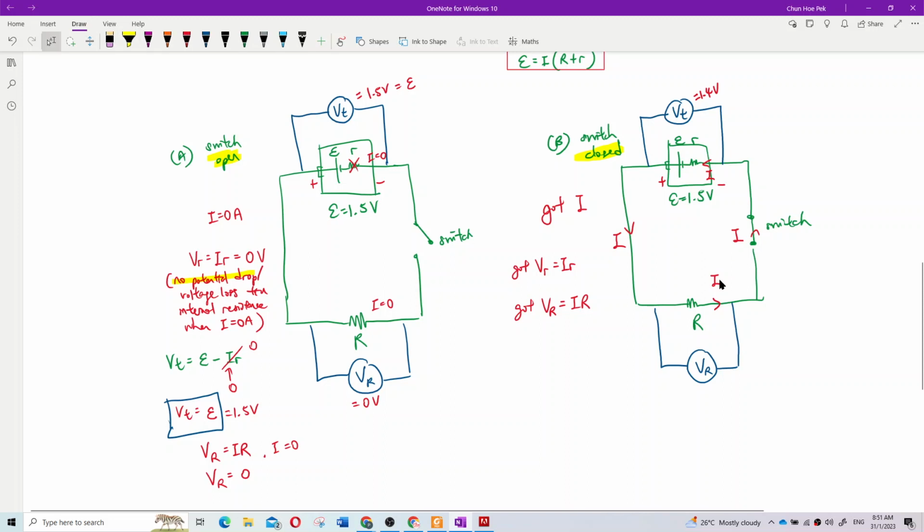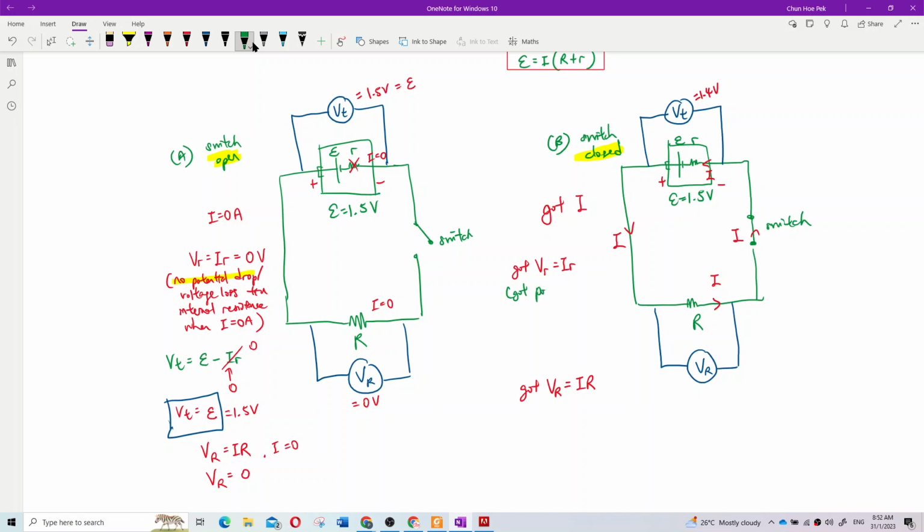So for this one it will be the terminal voltage. That means for this case, I want to say this one has a potential drop across the internal resistance, because there is current.